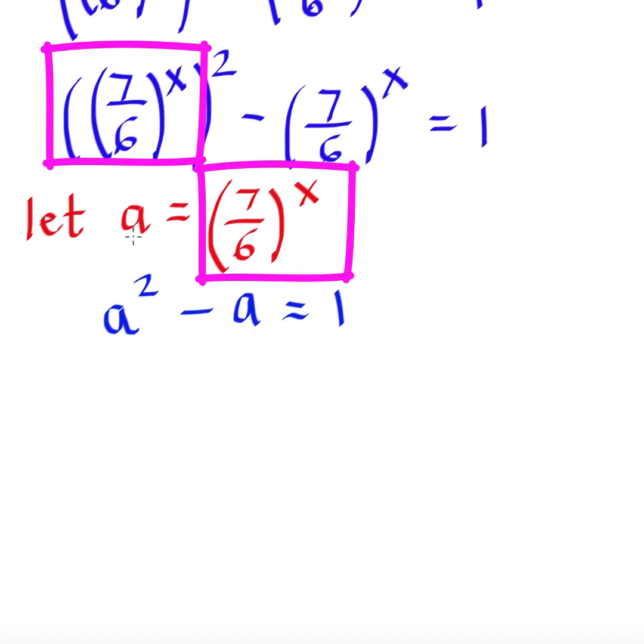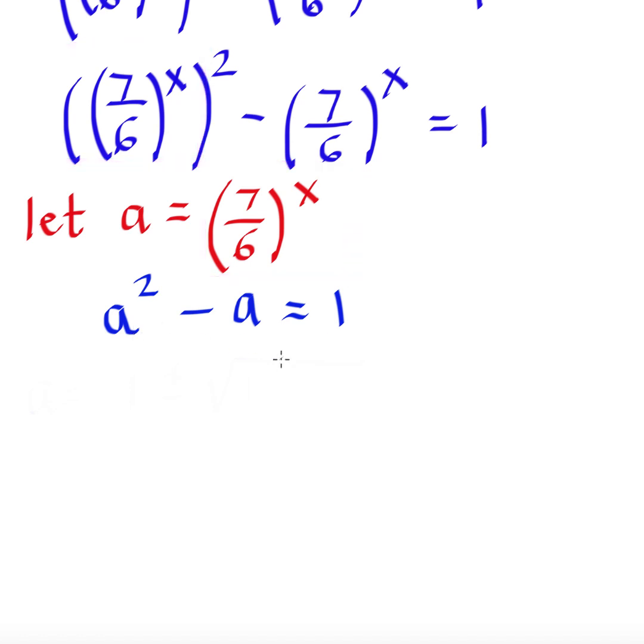We have here the same a raised to the second. Now let's write this in the standard quadratic equation so that we can apply the quadratic formula. So this is just the same as a squared minus a minus 1 equals 0.